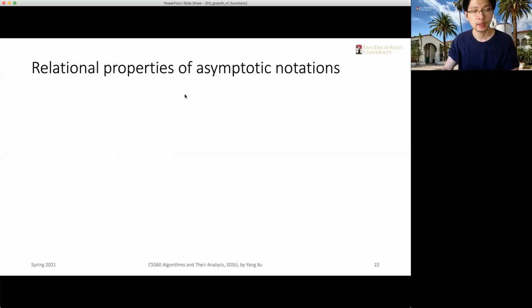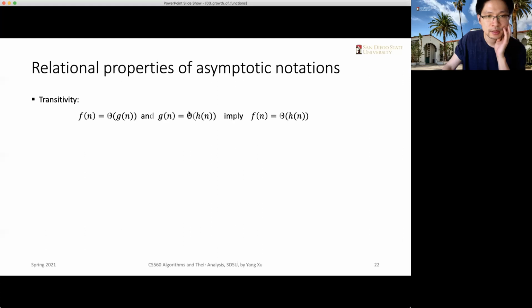Okay. And then speaking of the relational properties of those Greek letters, we can summarize them using some theorems or principles. First, it's called transitivity.